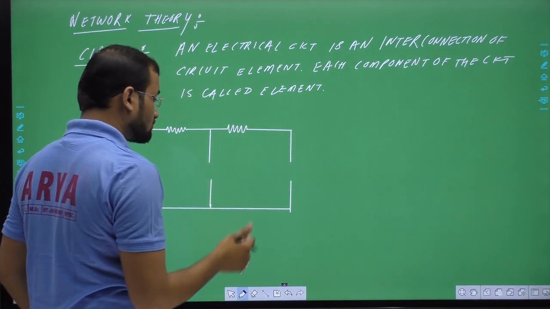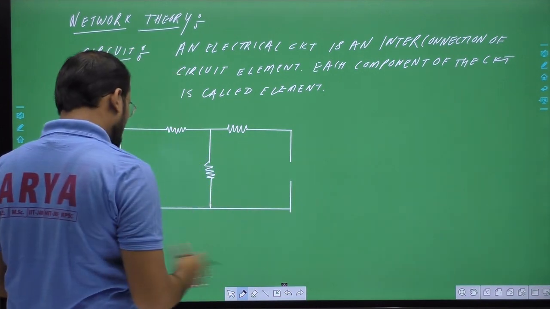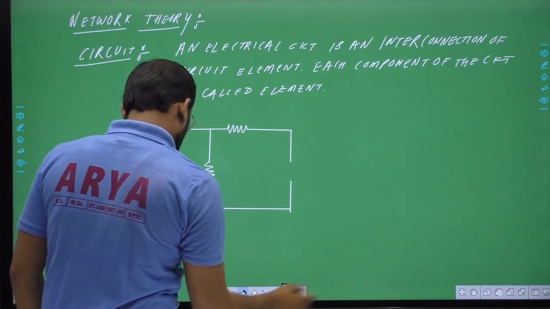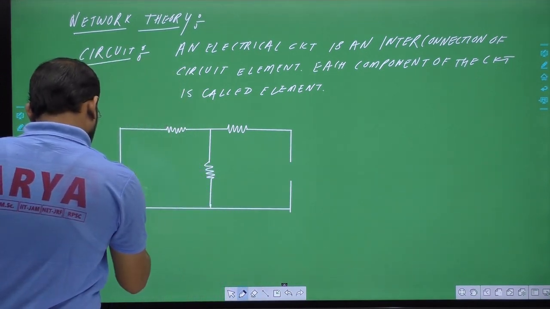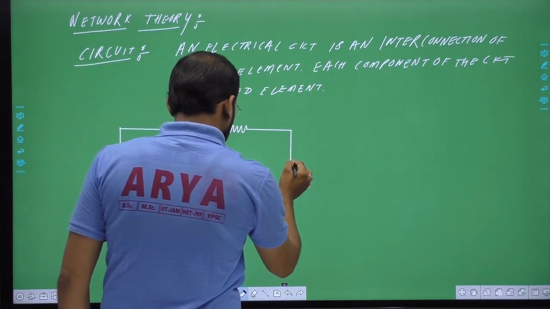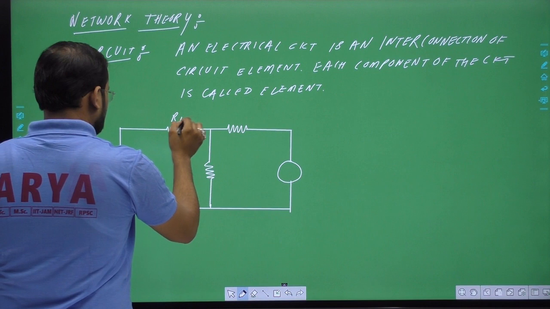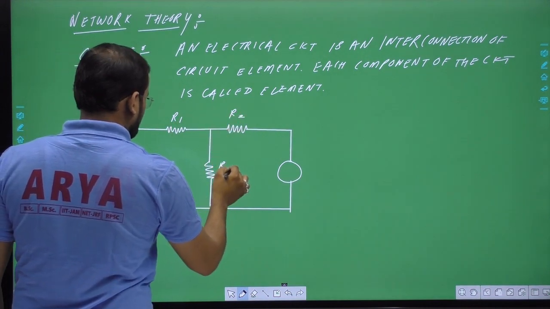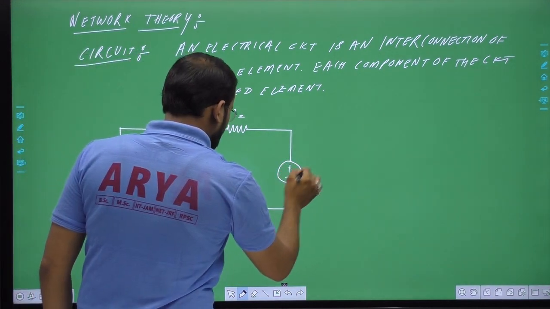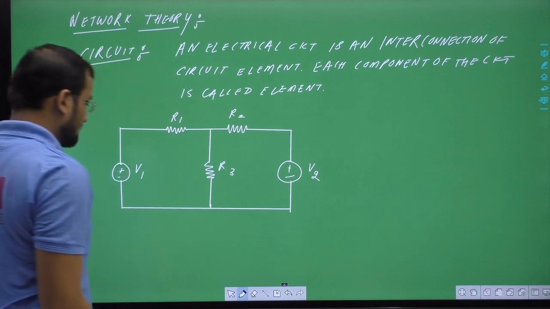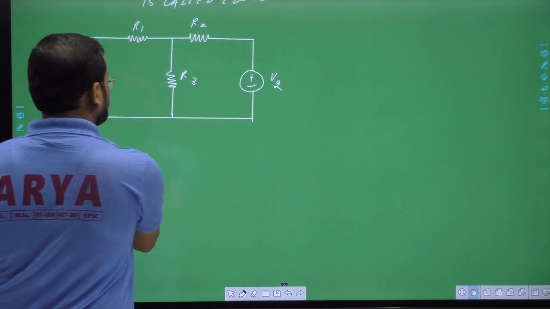Elements may be a voltage source, current source, or any other. It may be a capacitor, inductor, or any other element. This is resistance R1, R2, R3. This is voltage source V1, and let's suppose this is voltage source V2. Then I will discuss some terms of the circuit.